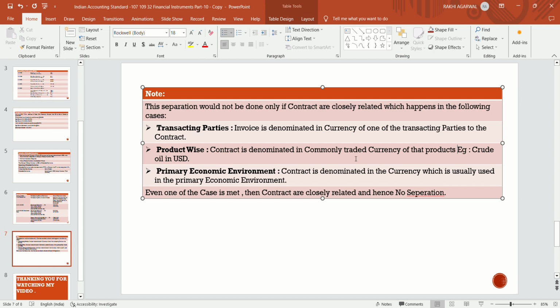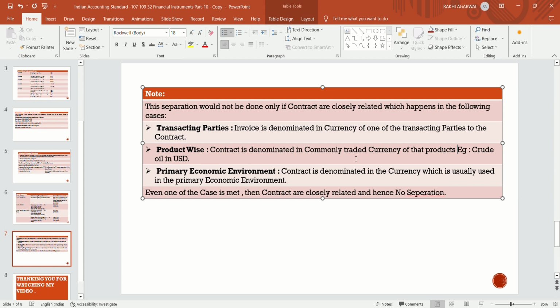Due to the product, the separation would not be done in some cases.